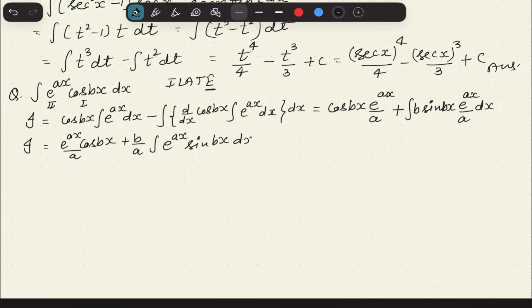bx dx. Now again for this integral, this is first and this is second, and we will solve this.